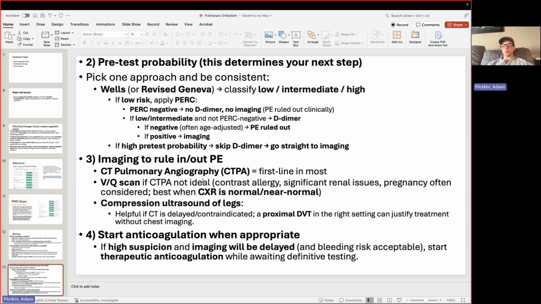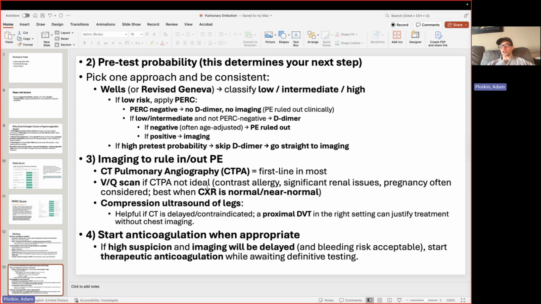Obviously, it can still be used in these certain situations. So when you're answering a step question or in real life, you just have to ask yourself, can this patient undergo a CTPA? Big no's would be a really bad contrast allergy to the iodine, really bad renal issues where this could exacerbate contrast-induced nephropathy, or they're pregnant. Those would be times to do a VQ scan.